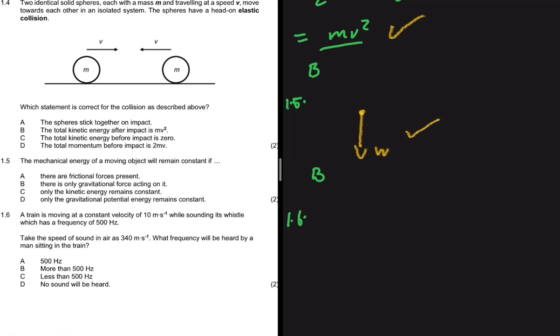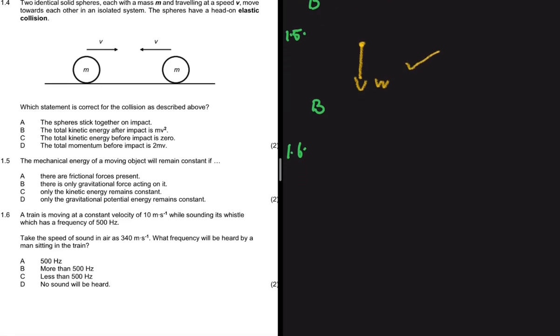So when the man is sitting on the train, the man and the train have the same velocity, right? So let me just do the math real quick. We know that fL is equal to (v plus or minus vL) divided by (v plus or minus vS), multiplied by fS. So v is the same for the man and the train, and vL and vS are the same for the man and the train.